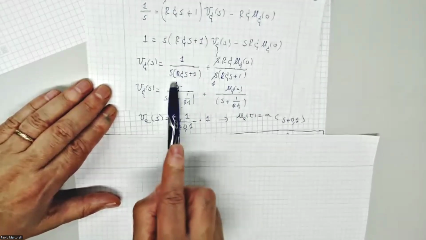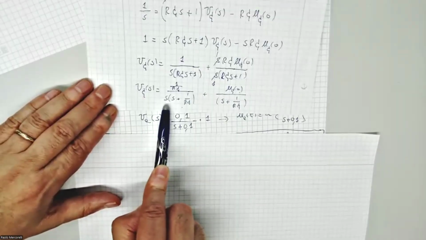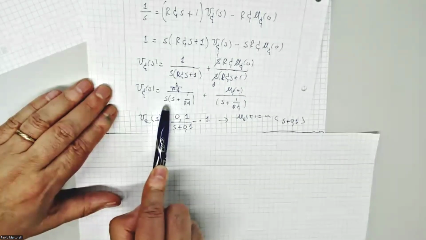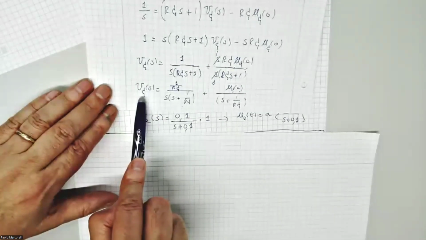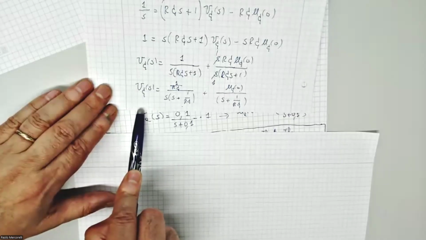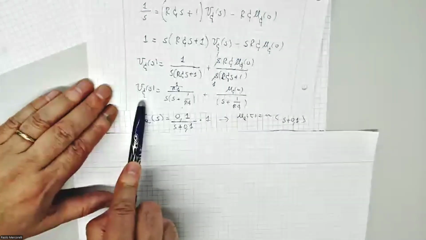Why that? Because 1 divided by S can be seen as the Laplace transform of the input in our case, which is a step. This means if I divide UC of S by 1 divided by S, I have the output divided by the input. But it doesn't matter which kind of input I have.